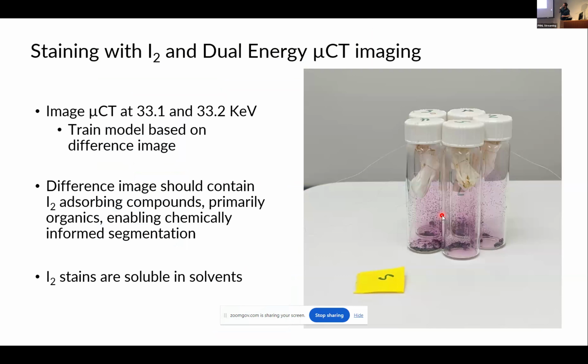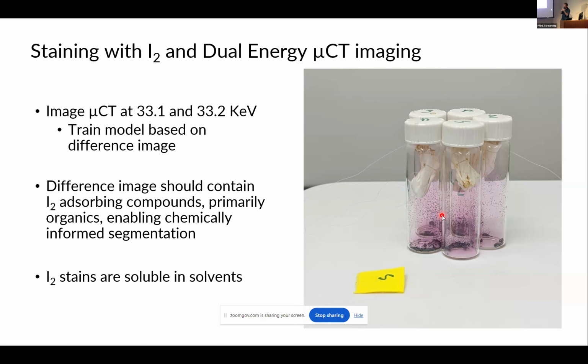Okay, so my group tried staining samples with iodine. These are aggregates inside of glass fiber filter bags, and they're being exposed to iodine solid, which turns into that nice pink gas. And so this actually worked pretty well. We imaged at 33.1 and 33.2 keV right at the X-ray K edge for iodine.